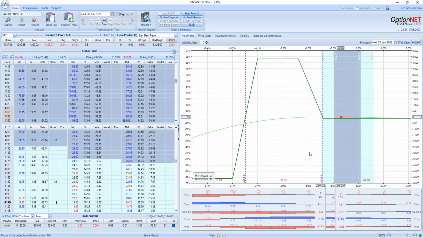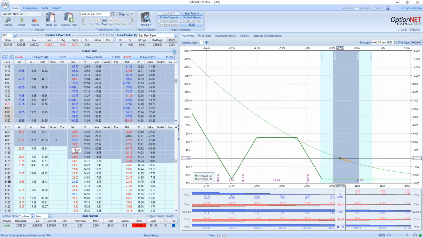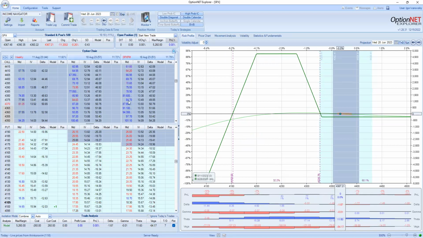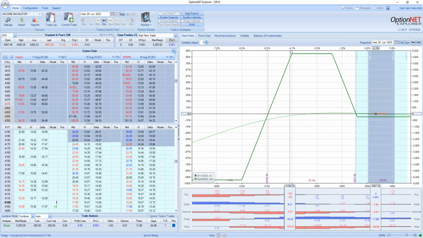So we can just look at this same exact setup here that's going for $1.20 or $1.30 debit, using 2 of the 50-point wide put credit spreads. If we were to do 1 100-point wide, so we're selling 4,200 and we're buying 4,100, instead of doing 2 50-point wides here, our debit goes from $1.20 to $2.50 or $2.60.